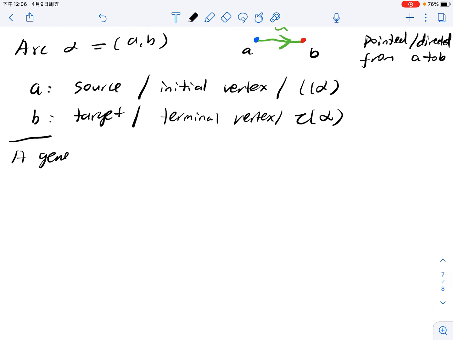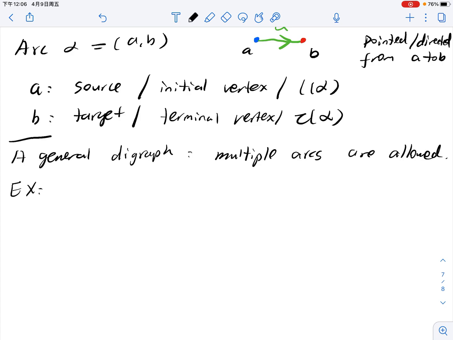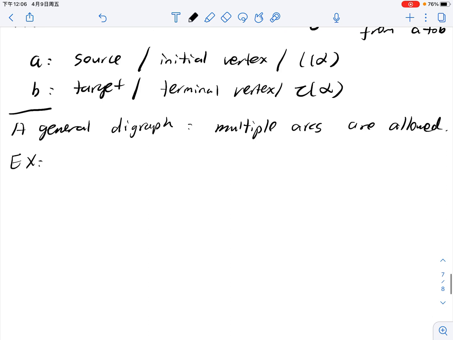And similarly, a general digraph means multiple arcs are allowed. Multiple arcs means you have A to B several times. If you have A to B and B to A, they're not the same arc. Of course, in reality, we will not ask whether this is a general digraph or not.